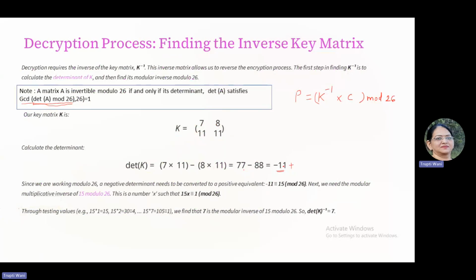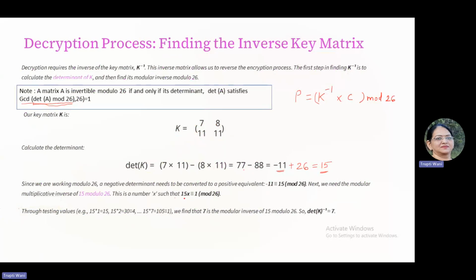The process is to add 26 here, so we are getting 15. So determinant of K is 15. Now 15 and 26, if we find the GCD of those, it is 1. There is no common factor in 15 and 26. So GCD is 1.